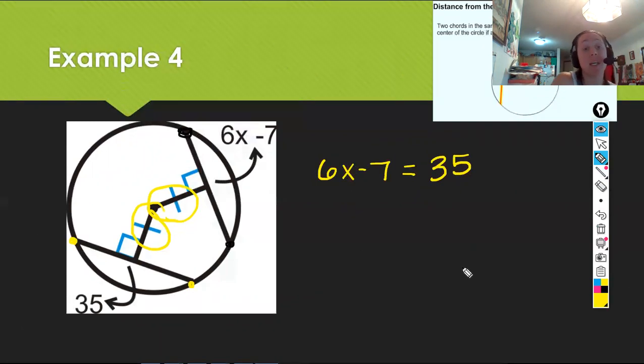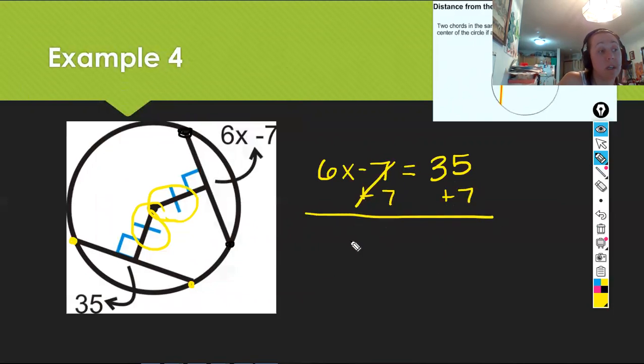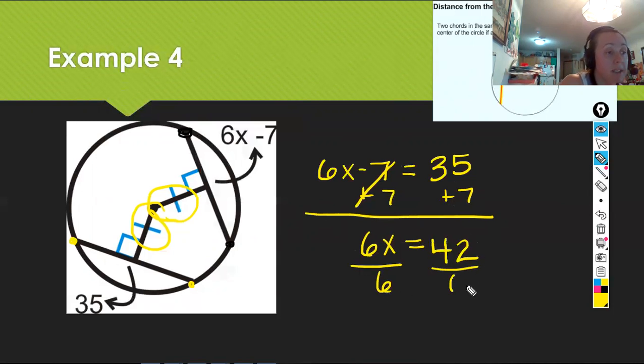I would set them equal to one another. Then I would add 7. That gives me 6x equals 35 plus 7, which is 42. I then divide by 6, and I get x is equal to 7.